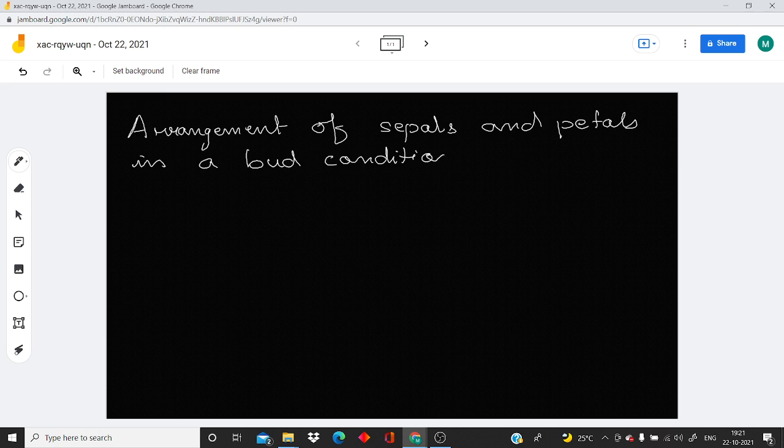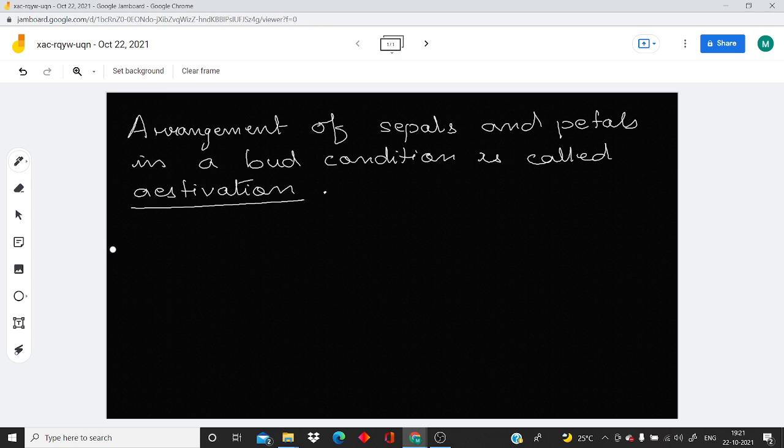Arrangement of sepals and petals in a bud condition is called estivation. Okay, so this is the topic.